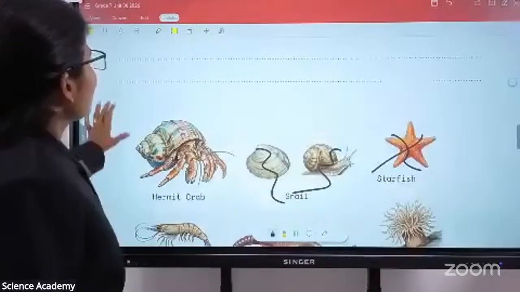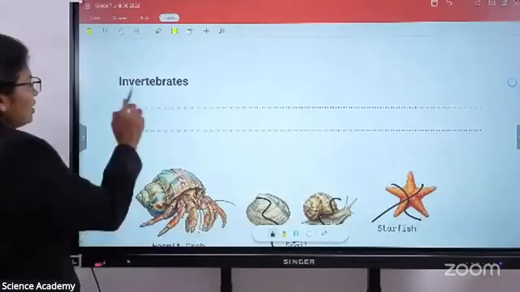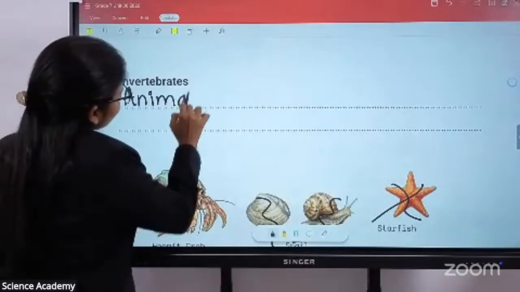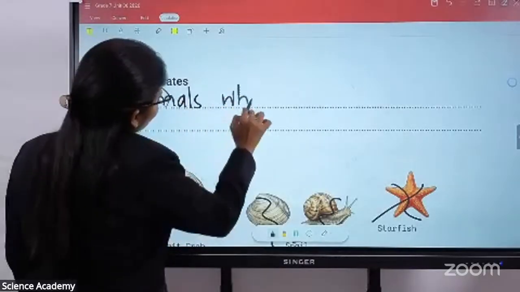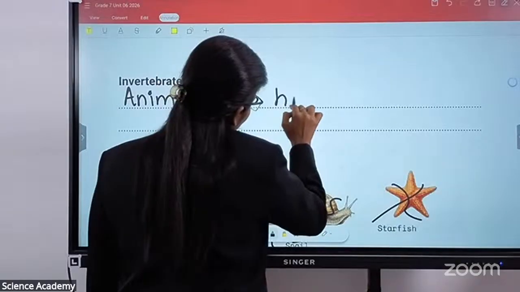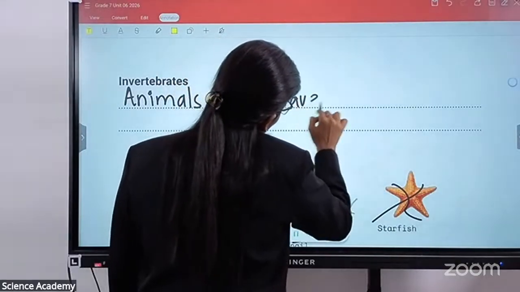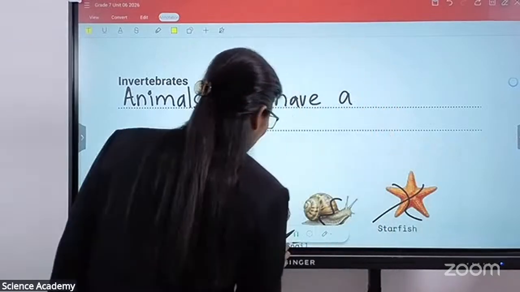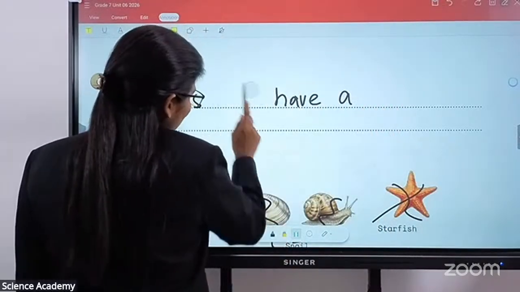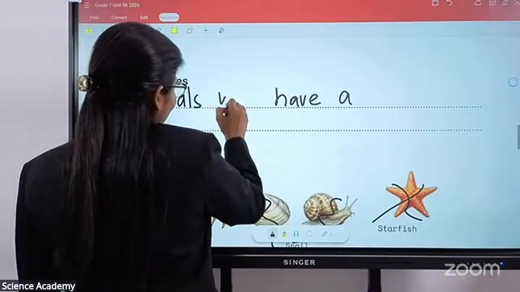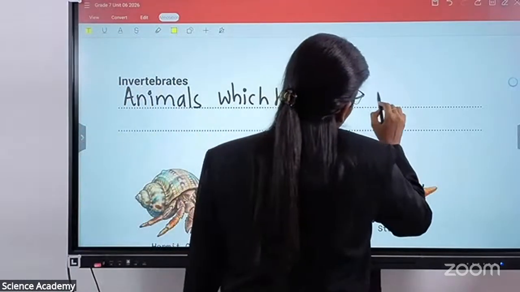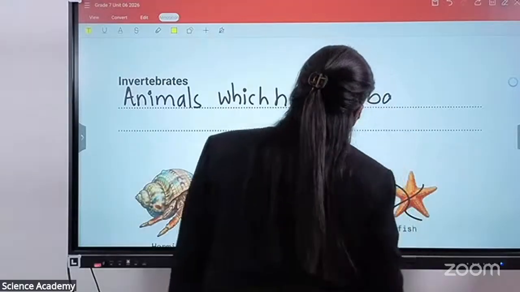Here, children, invertebrates: animals which haven't a backbone.